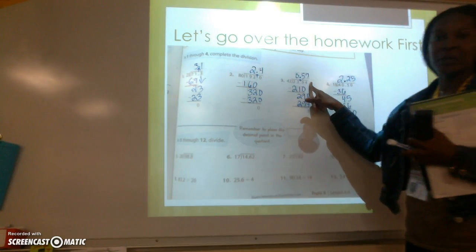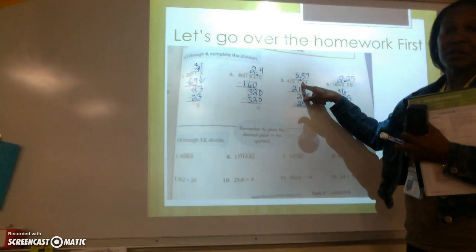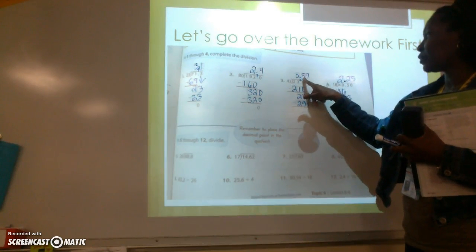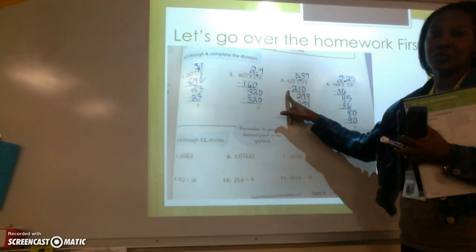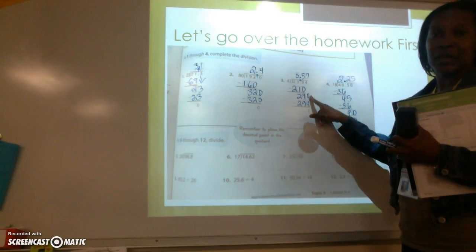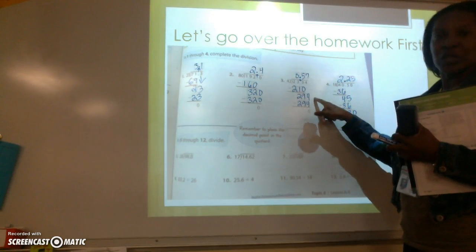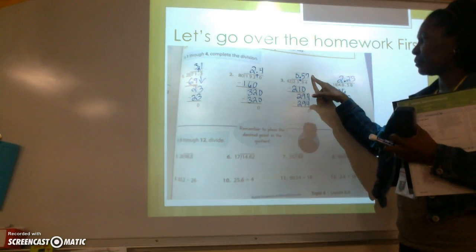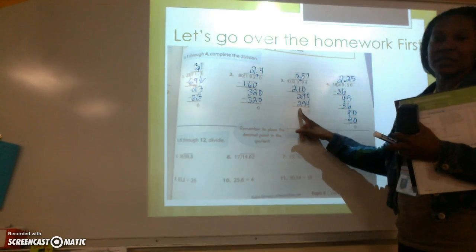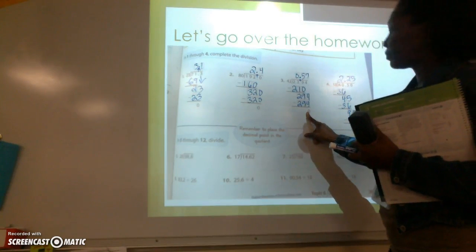Your next problem, number 3: 42 will go into 239 5 times. 5 times 42 is 210. The difference is 29. Bring down your 4. 42 will go into 294 7 times. 7 times 42 is an even 294, and the difference is 0.